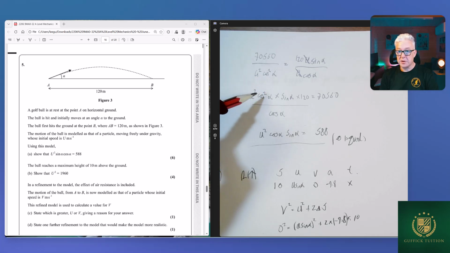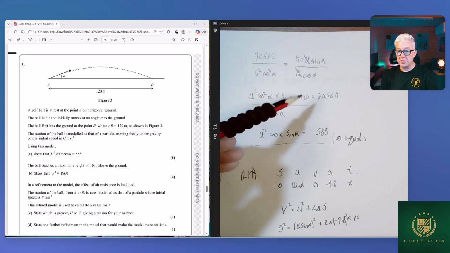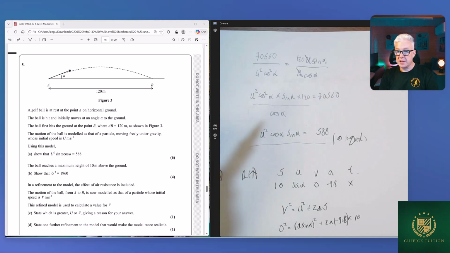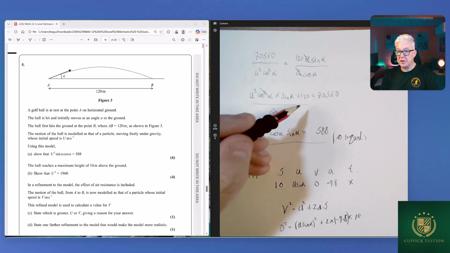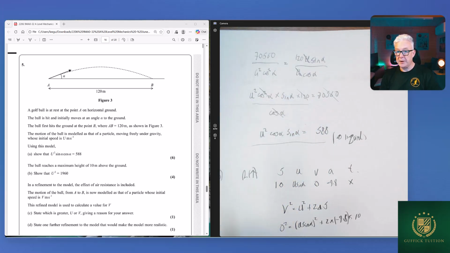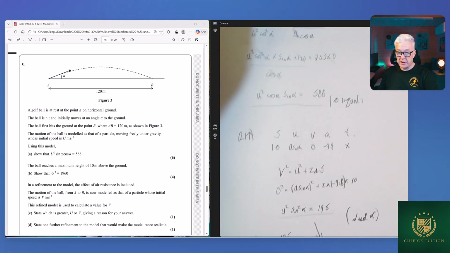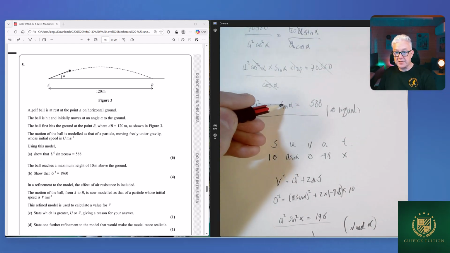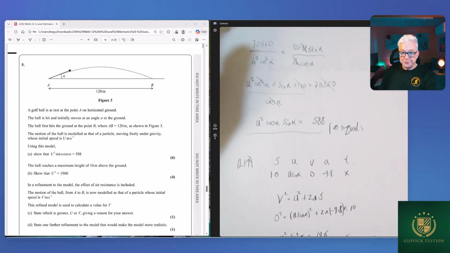So I've now got u squared cos squared sine alpha times 120 is equal to 70,560, and that's all over cos alpha. The cos alpha is going to cancel with the squared. I'm going to divide both sides by 120, and that simplifies into u squared cos alpha sine alpha equals 588 as required. So really nice 6 marks there.